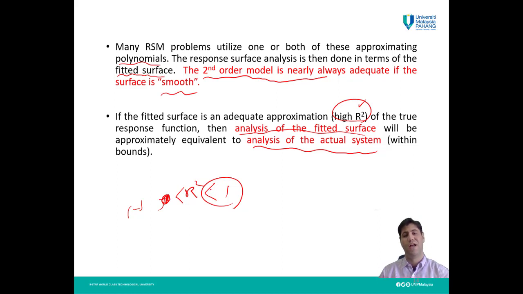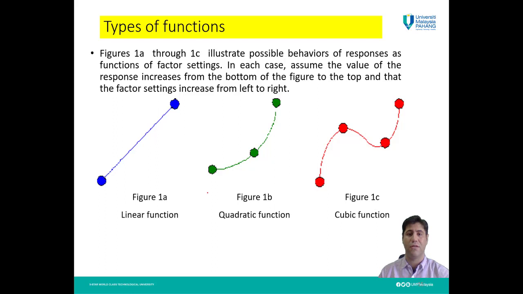Usually R squared higher than 70%, or higher than 0.7, is enough to say the model is valid to be used in RSM or optimization process. And this model actually can predict the response from factors almost accurately. And the model is good enough to be used in the optimization process.